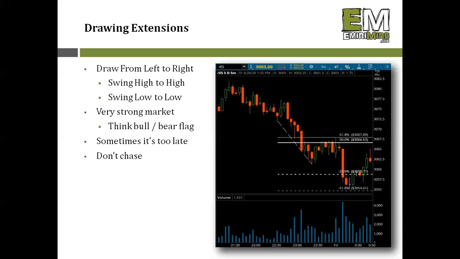I often find that the picture perfect setups don't always work out like you plan, but the setups where you're like, yeah, it looks pretty good, it meets my criteria, broke the swing high and pulled back to the 50, and looks okay. Those are the ones where you're getting in early before everyone else is in.